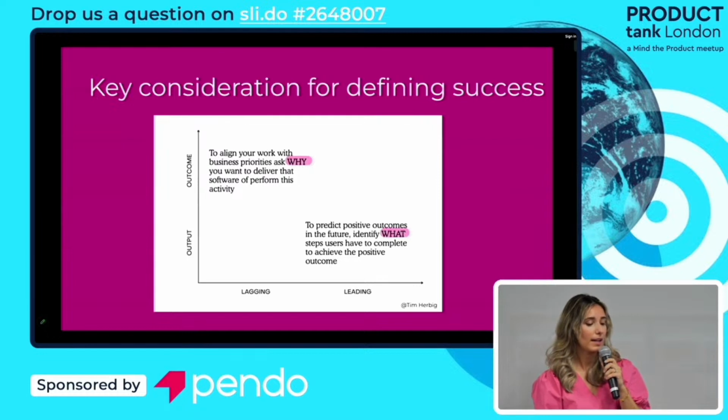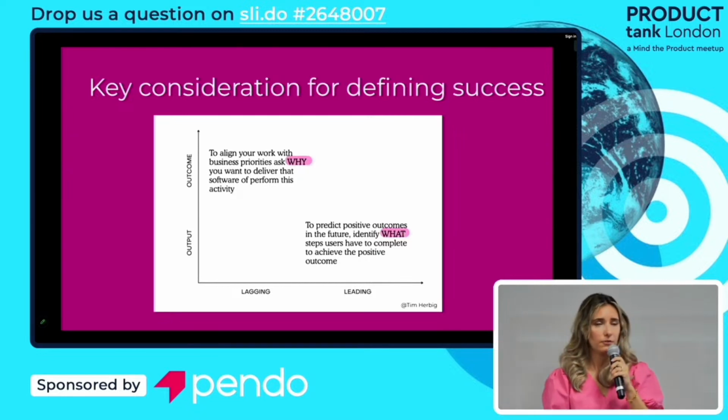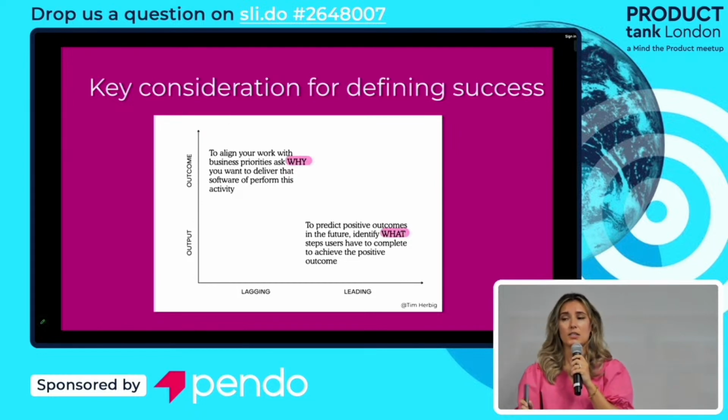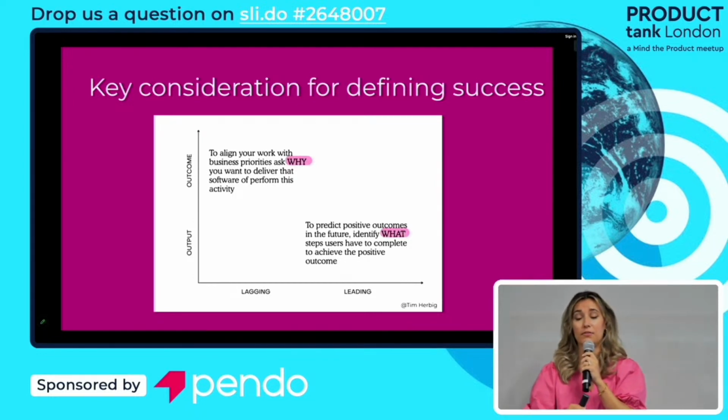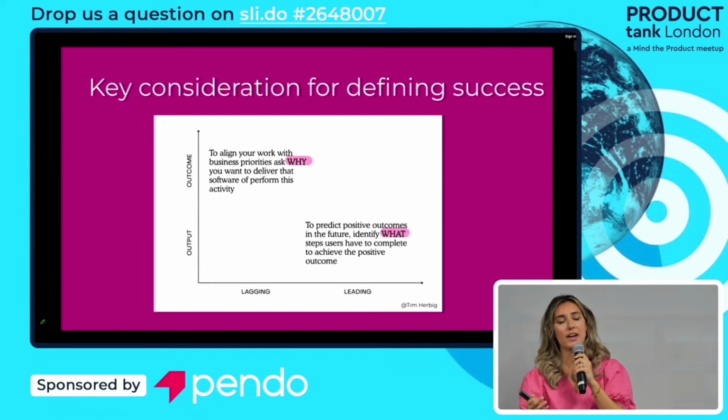And for me, the key consideration when it comes to defining your success metrics is the difference between lagging and leading indicators. So lagging indicators are very visible. A lot of people in the company already know them, but what is really important about those is that they're not easy to move. They represent the picture of the past.